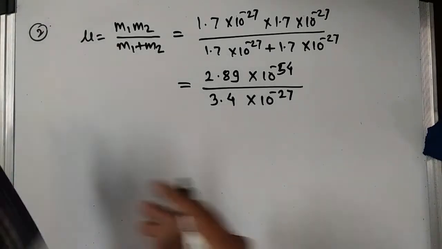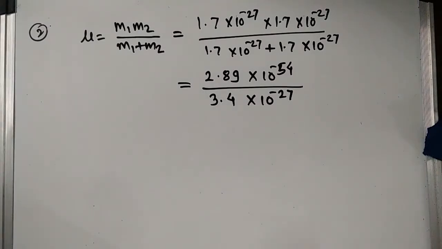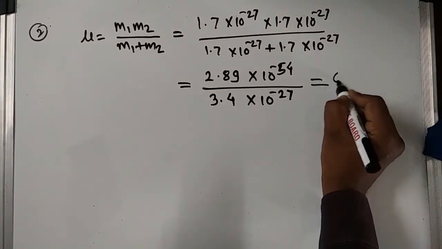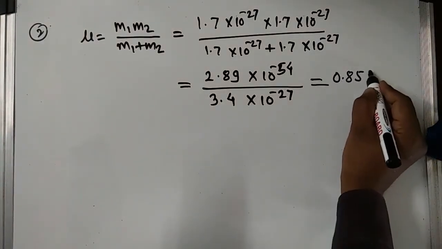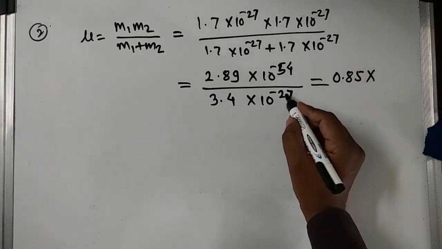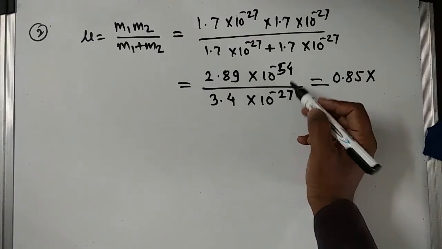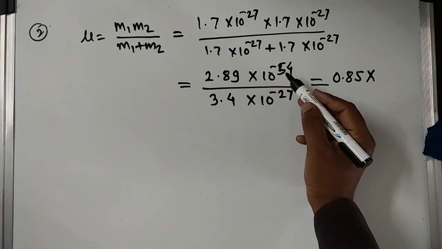And if we calculate, this number comes out to be 0.85 into, so this minus 27 will go up, it will become 10 raised to plus 27.